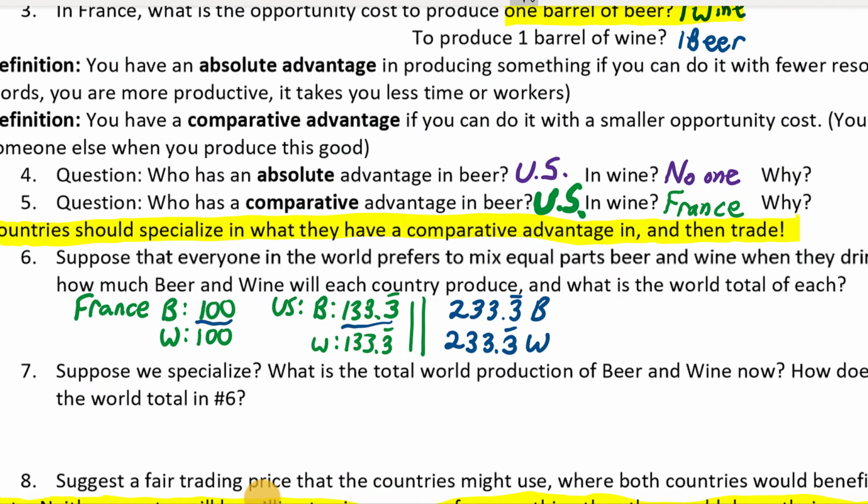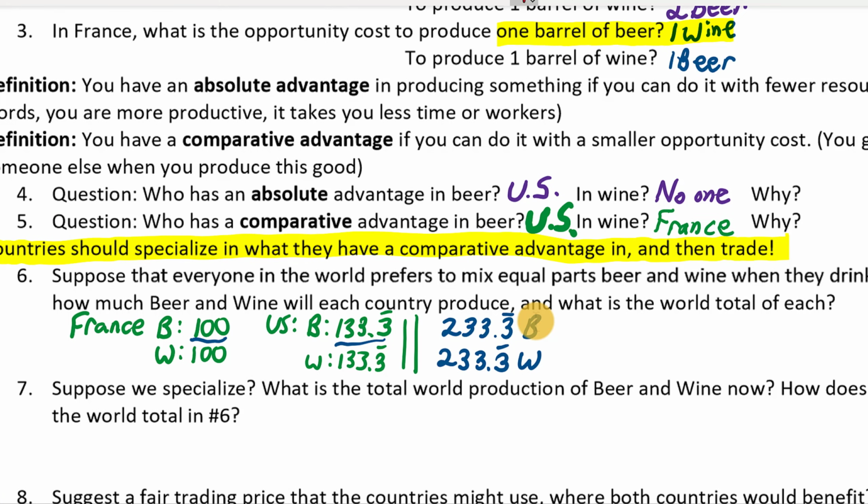And so this result that we just got by looking at the 45-degree line and seeing that when both countries cooperate, specialize, and trade, that instead of world production being 233 barrels of beer and wine, that now by trading, they'll be able to produce more, about 270 of each, right?